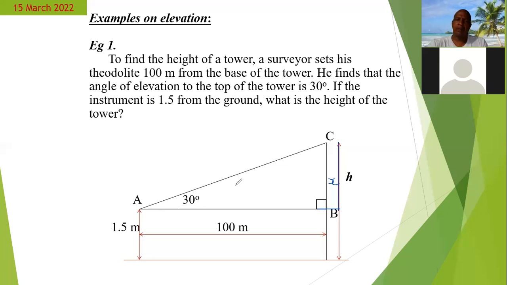Why don't you write the trigonometric ratio first? All right, sir. Tan equals. So we are using tan. We are saying that tan of what?